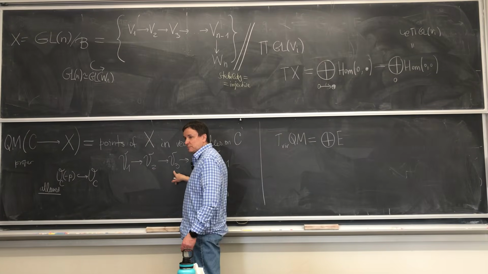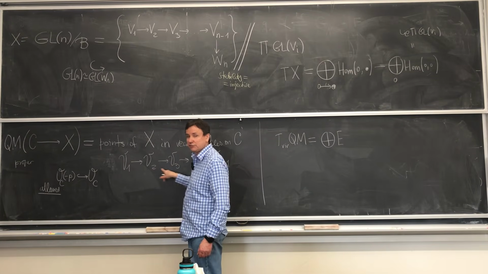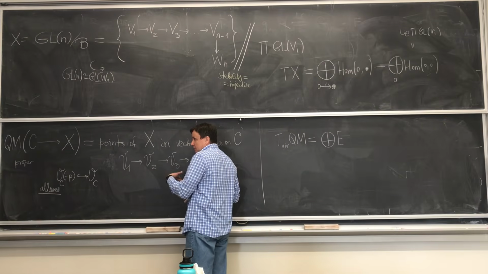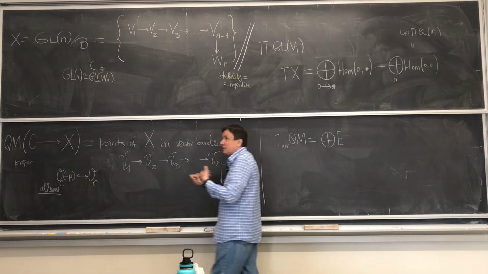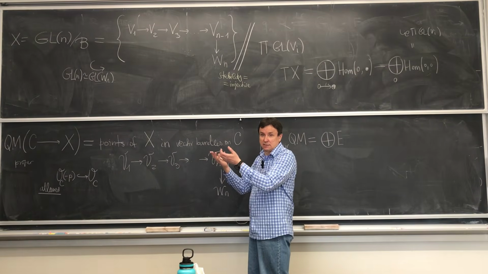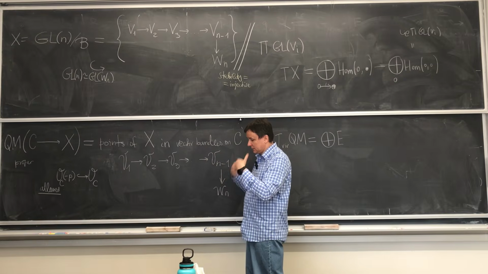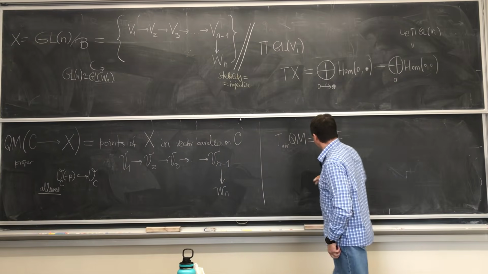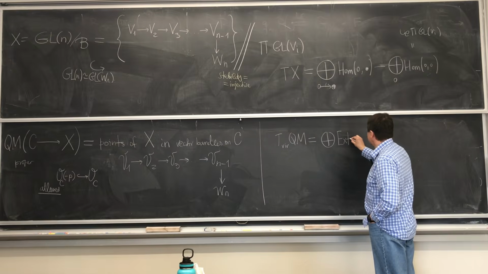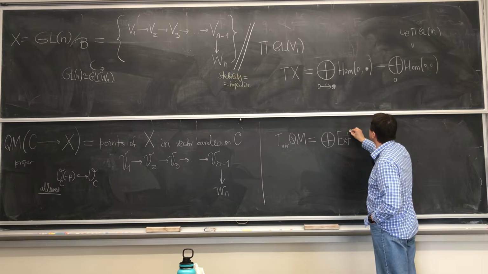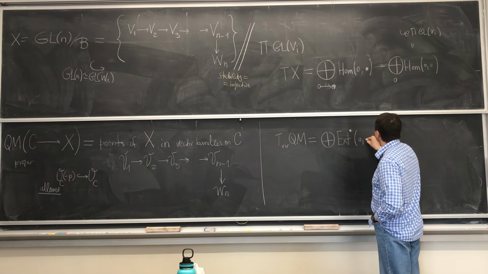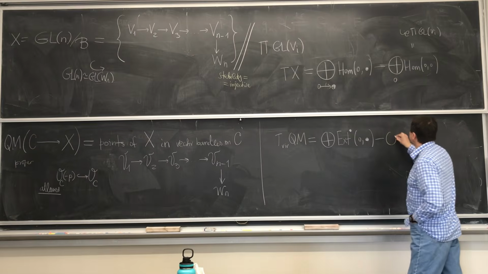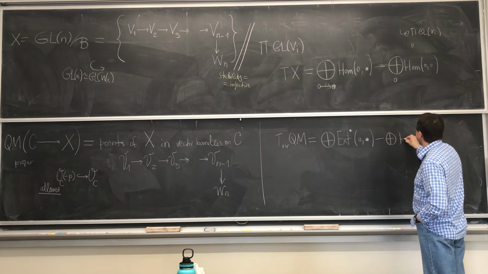So there's of course a space of homomorphisms from that sheaf to the sheaf, but since on the curve there is a higher Ext^1, you have to put all of this Ext into this Ext.